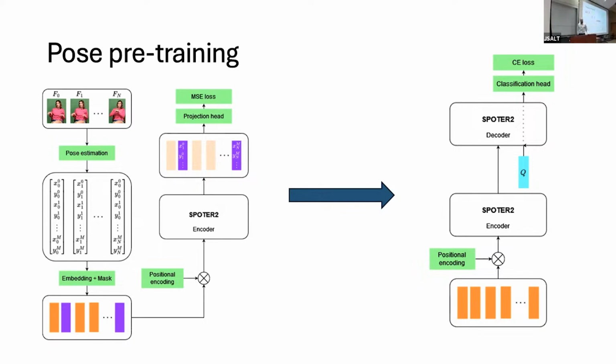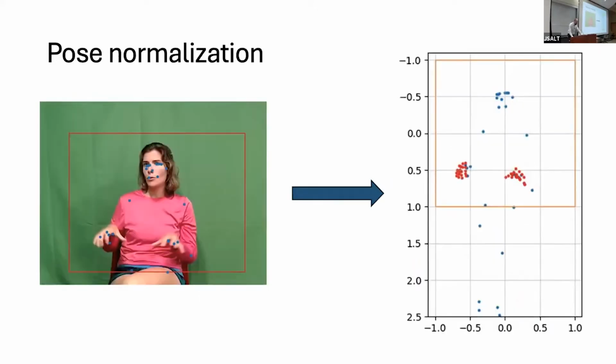And as Florian mentioned yesterday, it helps you learn much, much faster. You learn a little bit better even, but yeah, you learn much faster. This is the pre-training that we did for the workshop, and we will add new data and fine-tune it or pre-train it a little bit more. This is the pose normalization, how it looks.